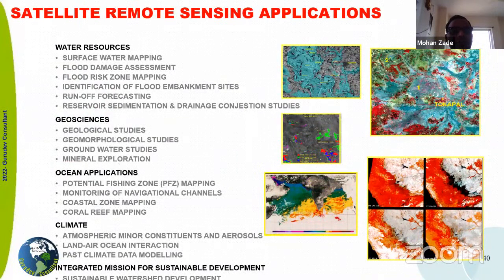For water resources, you can map surface water, flood mapping, and flood zone risk assessment. You can do runoff estimation, sedimentation, and some geoscience and ocean applications also. Some climate studies can be done, like climate, atmospheric constituents, aerosols, and watersheds also.